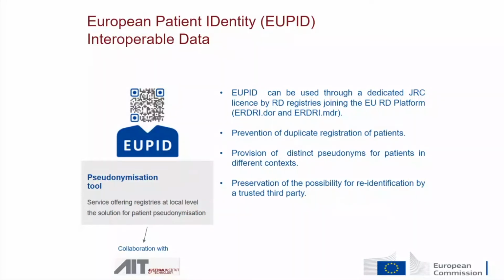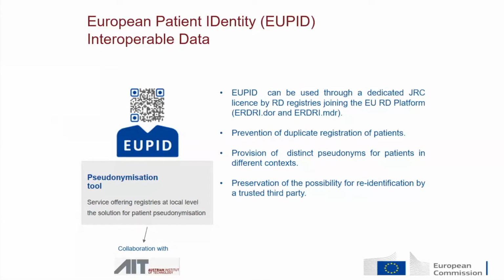So, as I mentioned earlier, EUPID can be used through a dedicated JRC license by the rare disease registries who join the EURD platform. That is, they input their data first in ERDRI-DOR and ERDRI-MDR. And EUPID ensures prevention of duplication registration of patients.